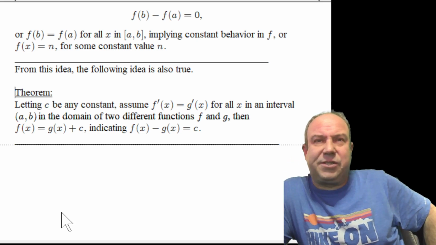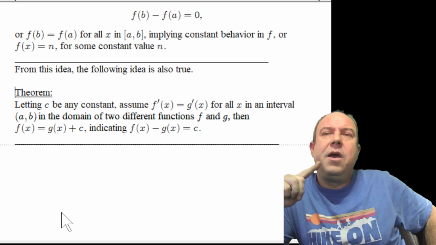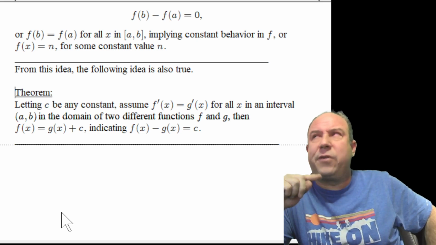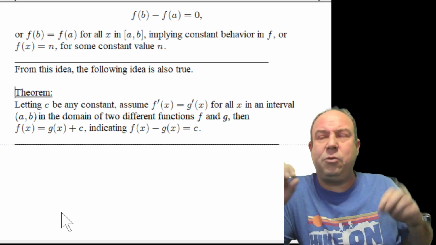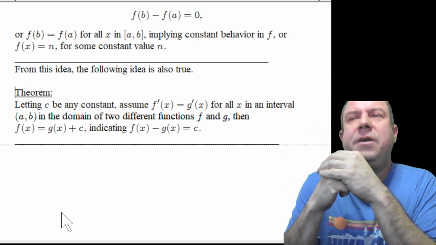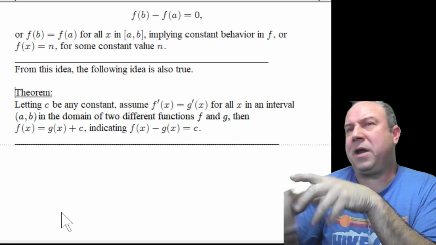This implication says, letting c be any constant, if we assume the first derivatives for function f and function g, these two different functions, are equal for all values of x in some interval from a to b.